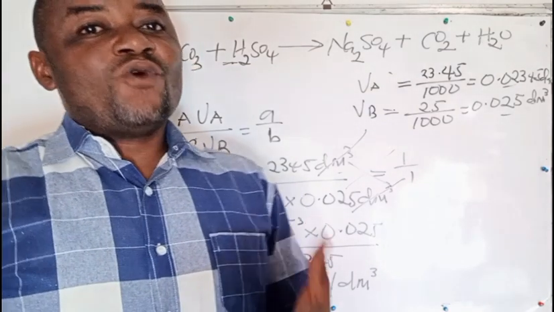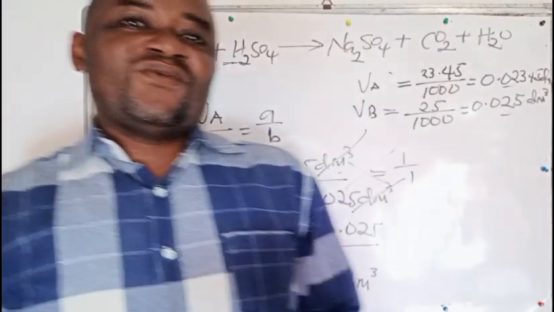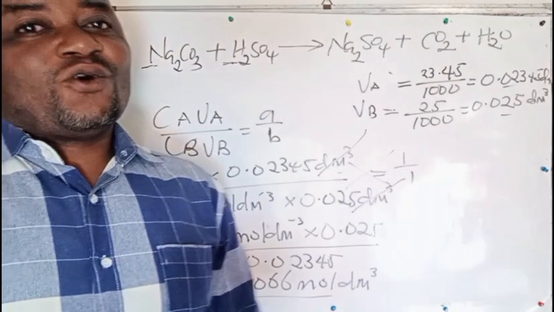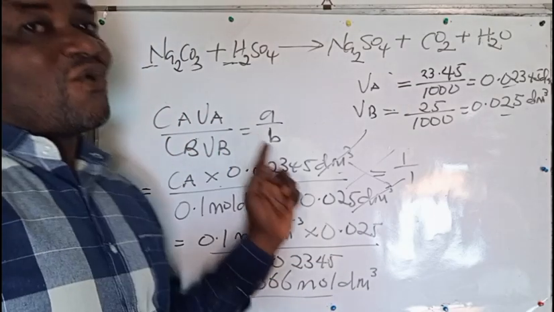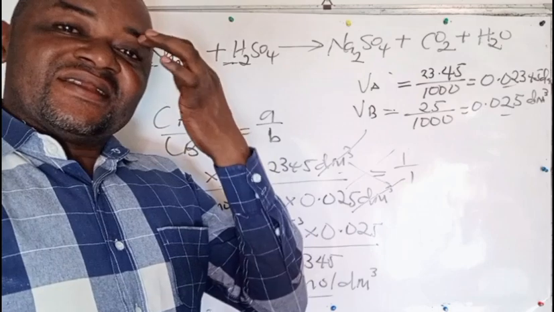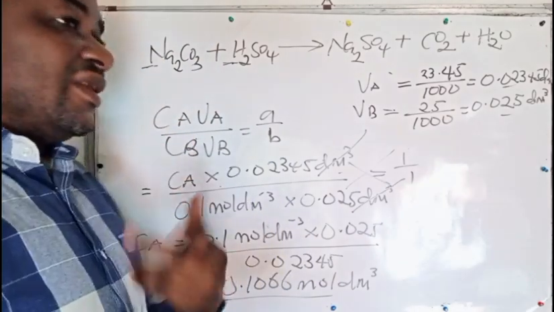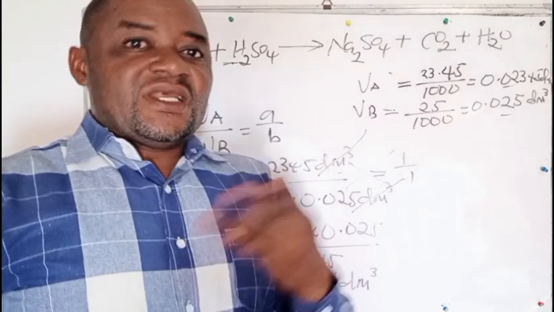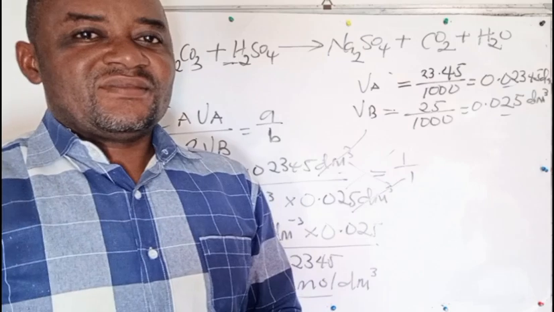If it came in mole per dm³, then you are expected to do your calculation using the molar concentration, CaVa over CbVb equals mole ratio. If it comes in grams per dm³, you are expected to do your calculation using what? The mass concentration, MaVa over MbVb equals mole ratio.